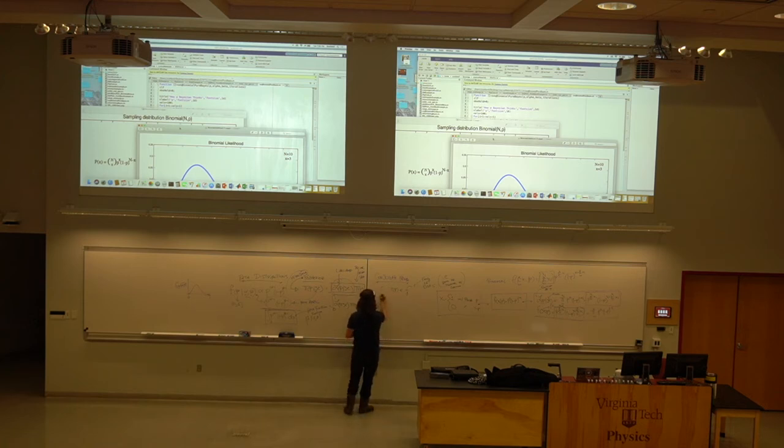So if my prior lives in some family and my posterior lives in the same family of distributions, so same family, then we say the prior is conjugate.